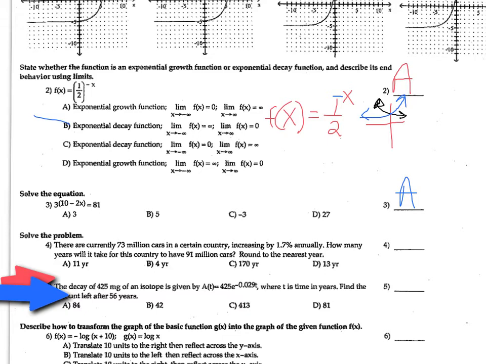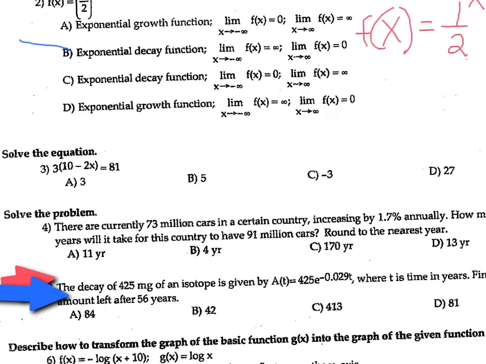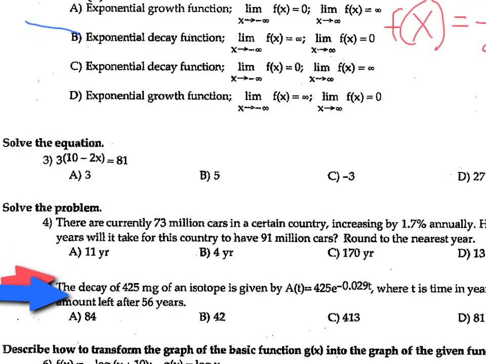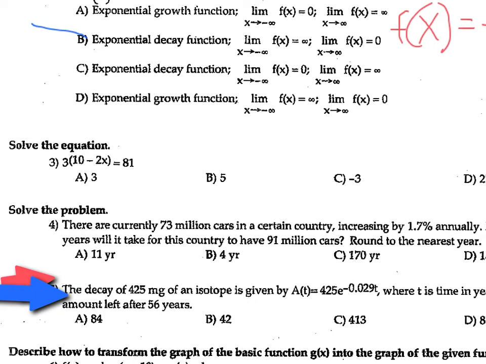Yes. What is 81 with the base 3? Let me just work it out, just in case some of the students don't know how to do that. What is 81 as base 3? 3 to the 4th. So here we're going to have 3 raised to the 10 minus 2x. And then the 81, we just rewrite it in exponential form, which is 3 to the 4th.